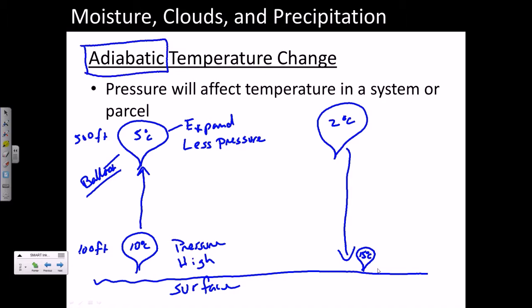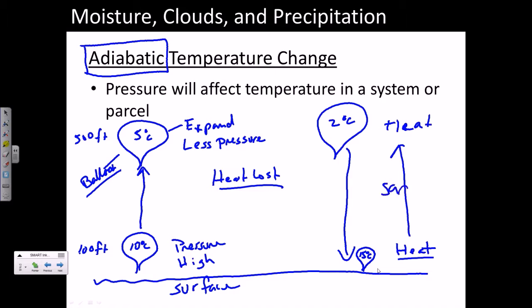Normally, if you think temperature change is happening, you think it's because we're losing heat from the system. Heat is lost. But this is temperature change in which heat is not lost from the system. The amount of heat here at the ground surface is the same as the amount of heat up here. So the amount of heat in the system is the same.